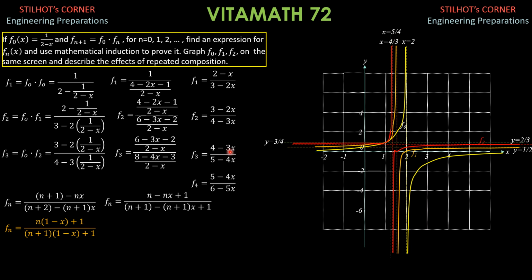So the effect of repeated composition is that the graphs approach a value, which in general, later on, will approach a horizontal asymptote, which is definitely 1, and the vertical asymptote is also 1. So that's it for this problem.